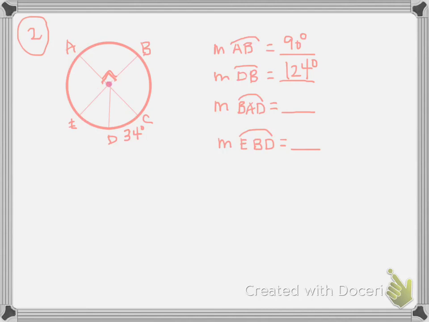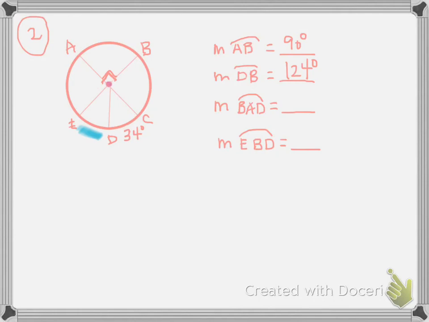BAD, so 90 plus 90, plus this little bit. This little bit right here we've got to find, but that's 90 degrees, so 90 minus 34, which gives me 56 right there.